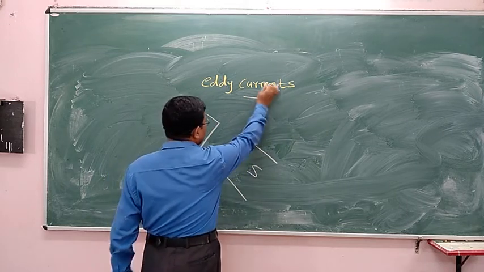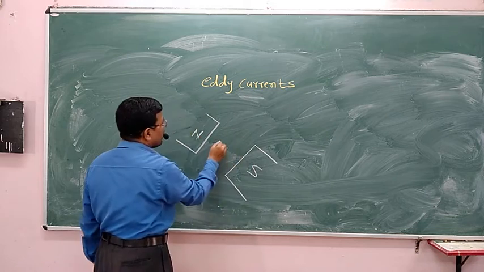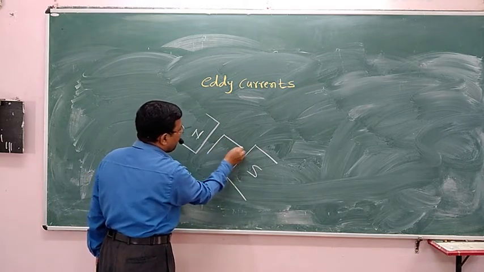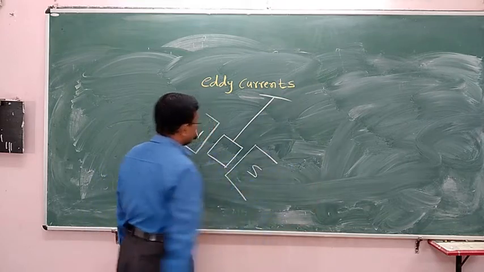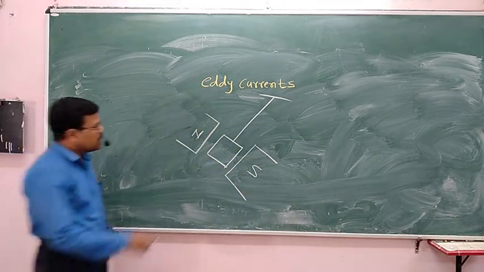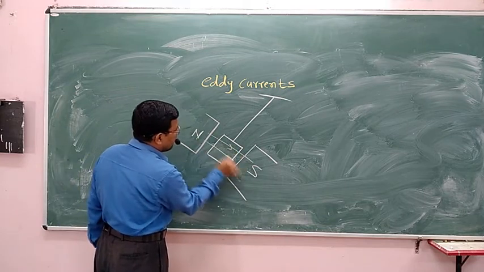The metallic plate is like this. Okay, this is the direction of the magnetic field.